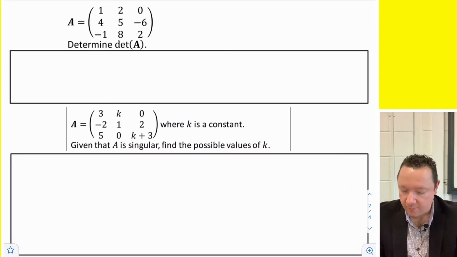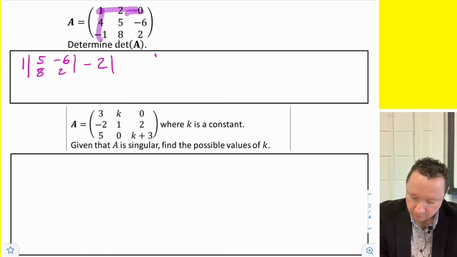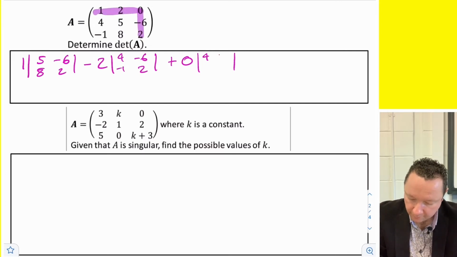Okay, so find the determinant of this matrix. So we've got 1 times the determinant 5, minus 6, 8, 2, minus 2 times the determinant, deleting the rows and columns, we get 4, minus 6, minus 1, 2, plus 0 times the determinant 4, 5, minus 1, 8.